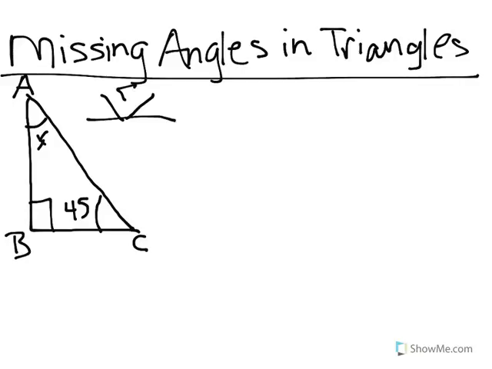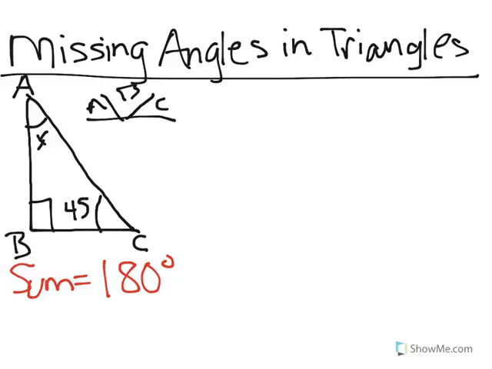This would be angle B, angle A, angle C, and it looks like 180 degrees. So the sum of the measures of the angles of a triangle is equal to 180 degrees. Okay? And you need to know that when you're trying to find the missing angle.